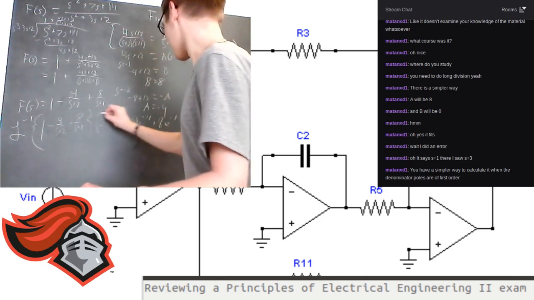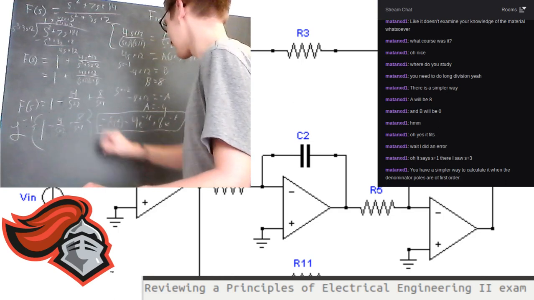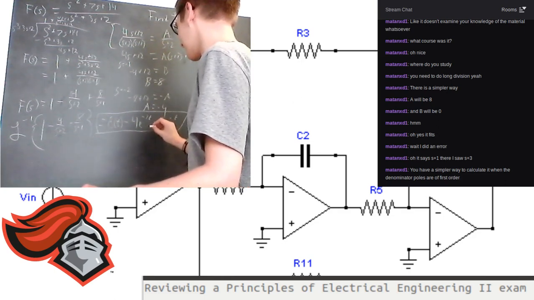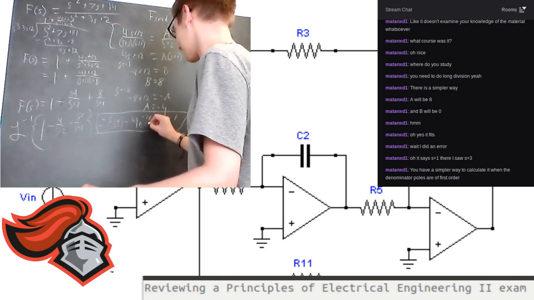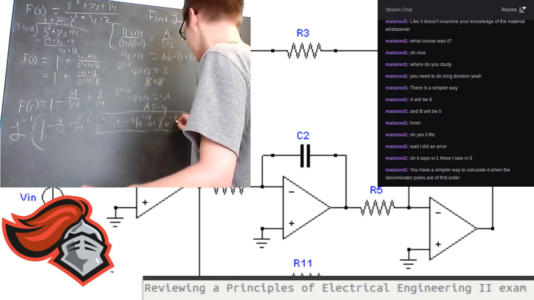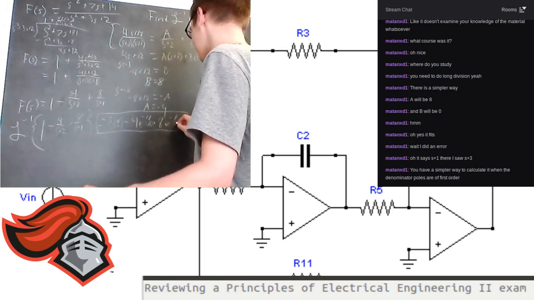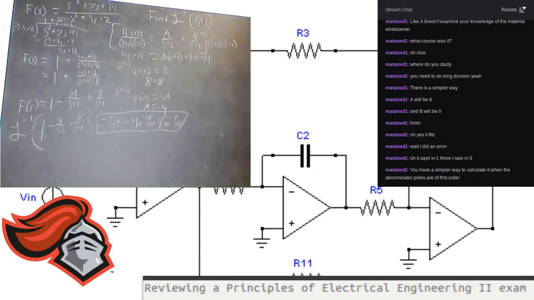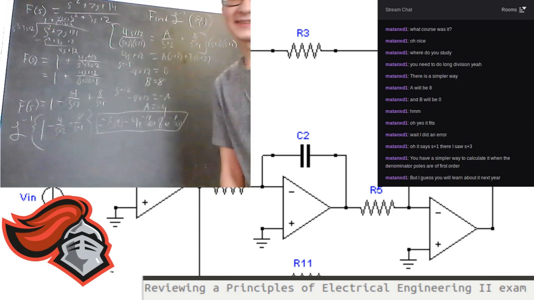And ladies and gentlemen, this is our final answer. Wait, let's not forget the u of t here. That's kind of an important detail that I think I missed, to be honest. All right, cool. So that was number 6 of the exam.